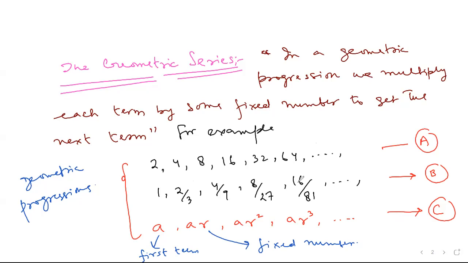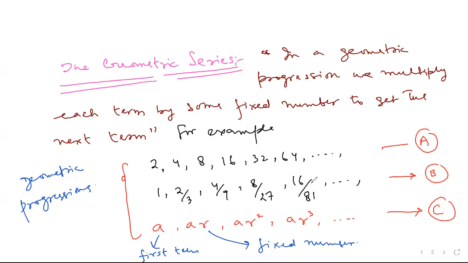So the height of the bounce is decreasing with successive bounces. So we can ask for the total distance the ball goes.